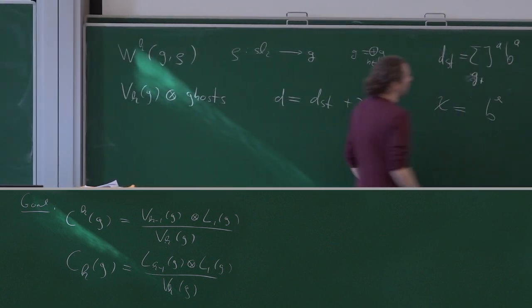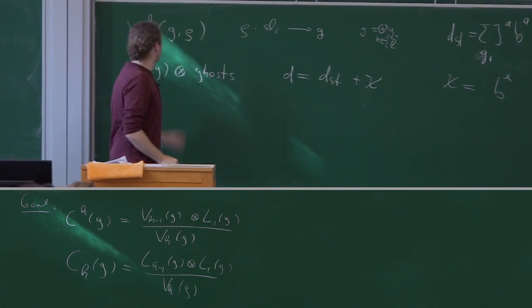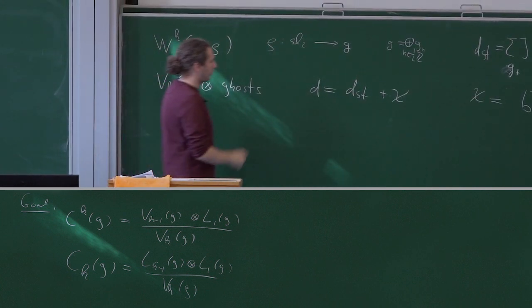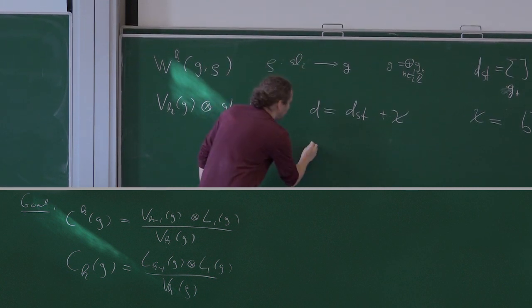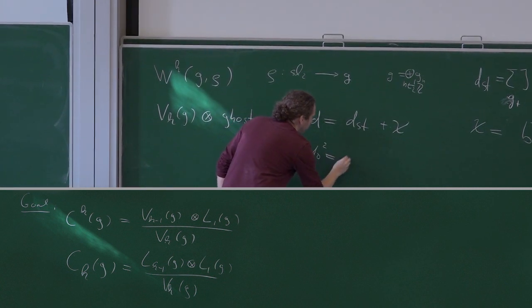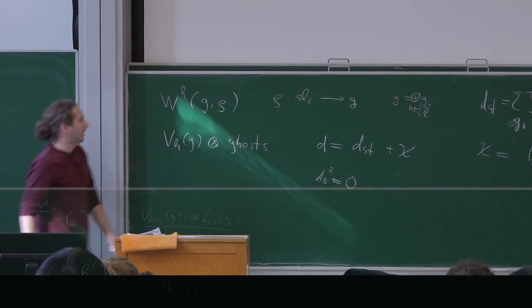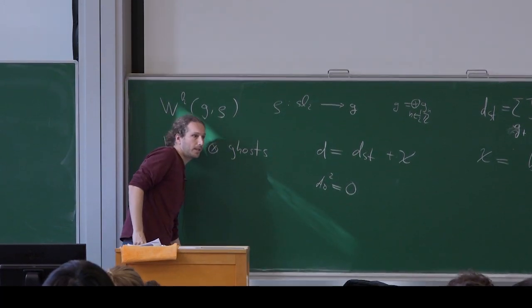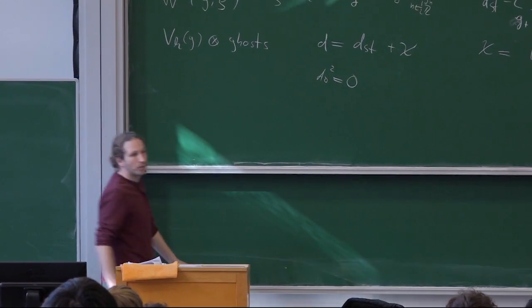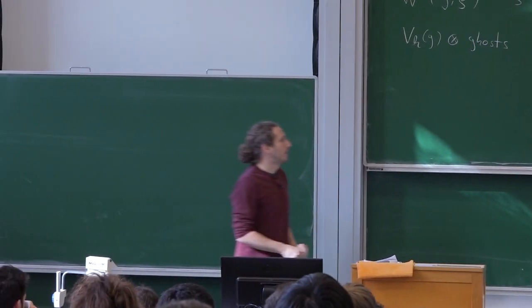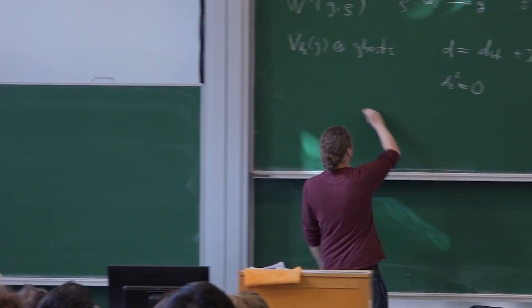And then for this W-algebra, the most important property is that the zero mode of this field has the property that it squares to 0. So it can be a BRST operator. And so especially the image of this operator is in the kernel, and so it makes sense to look at the quotient.